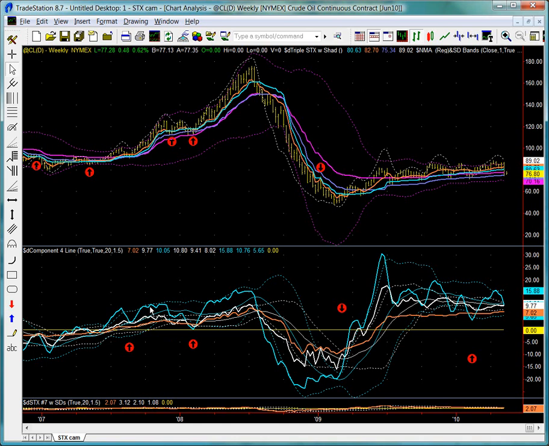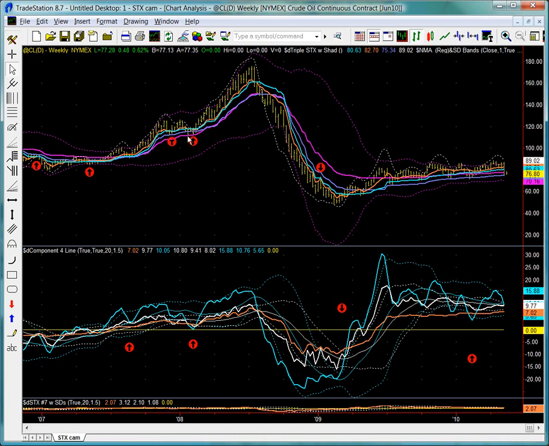Prices then advance up again, and we make a more substantial and longer duration pullback that basically drives the fast and regular back to very near the zero line, certainly below their lower standard deviation bands, and you get this minor overshoot of the slow component 4 line, but notice how admirably it's holding above the zero line during that process, and then of course the market simply turns from there and rockets back out to the upside.